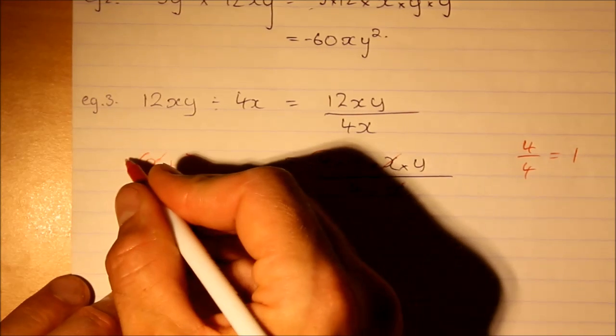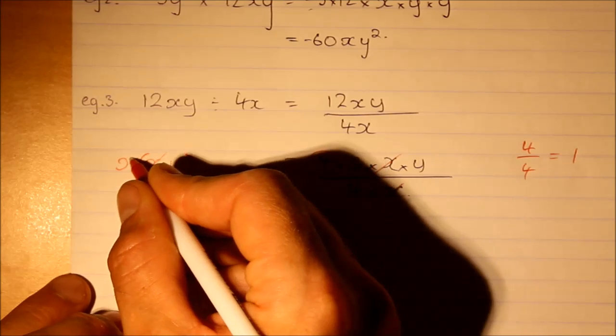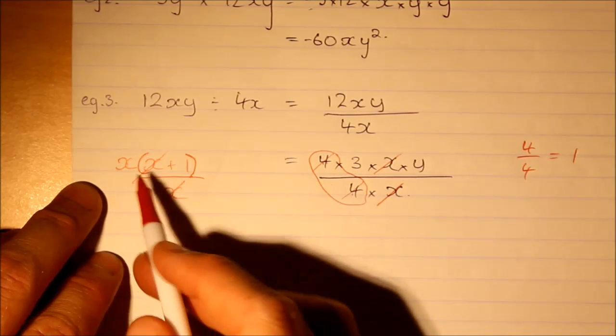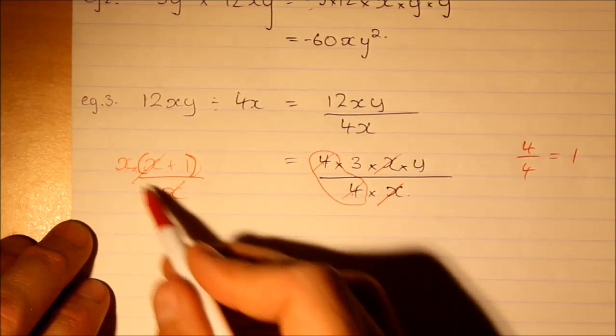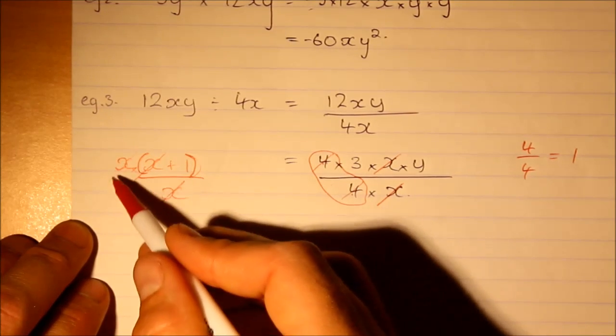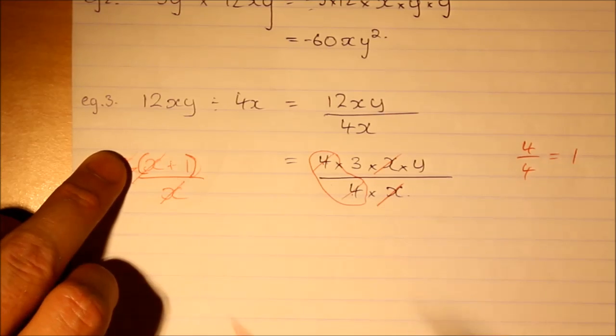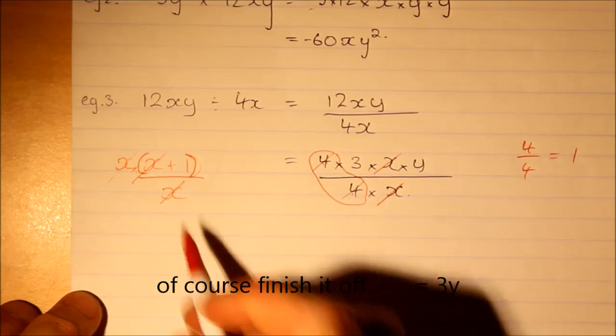However, if you had an x out the front, for instance, x multiplied by x plus 1, well, that we can cancel now. That's allowed, but not inside brackets, inside a grouping symbol.